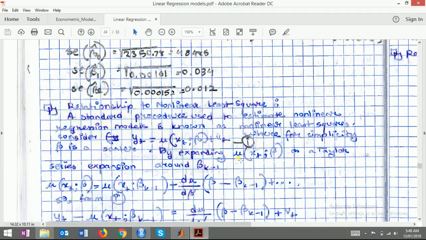A standard procedure used to estimate a nonlinear regression model is known as nonlinear least squares. Considering yt equals mu of xt, beta, plus ut, where for simplicity beta is a scalar.